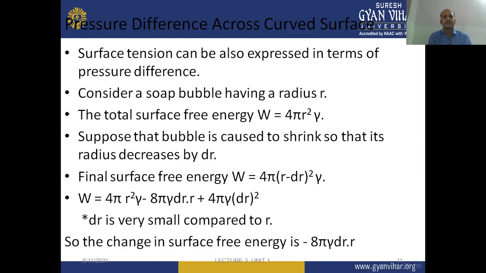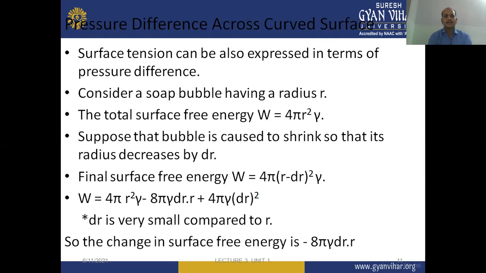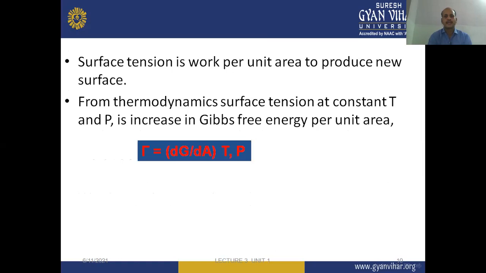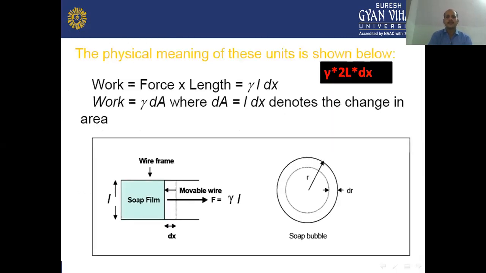For this purpose, we have to consider a soap bubble having a radius r. You can see the diagram here. This is the soap bubble where the radius of the bubble is r, and if the bubble constricts, the radius decreases by dr.